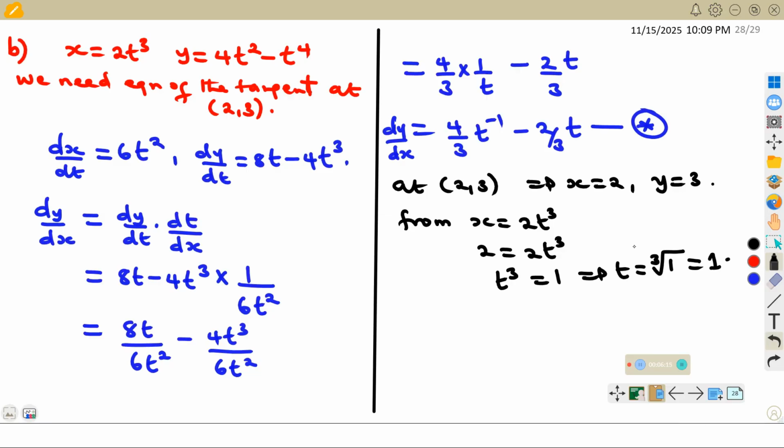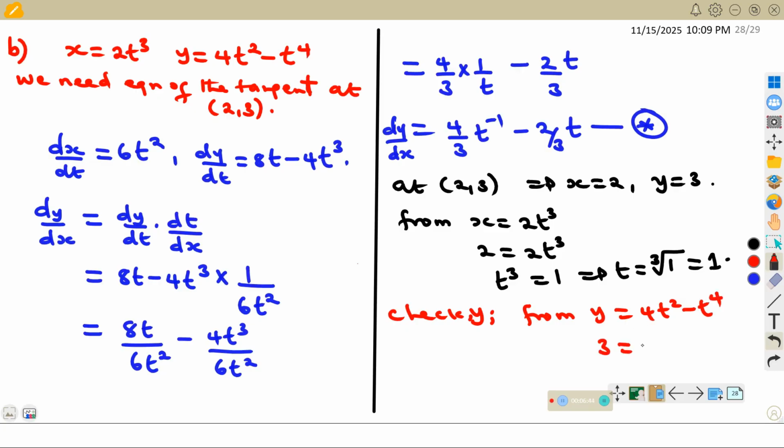Likewise, we need to check whether it will satisfy this given expression as well. Let us try to check y. From y equaling 4t squared minus t to power 4, y is given as 3.